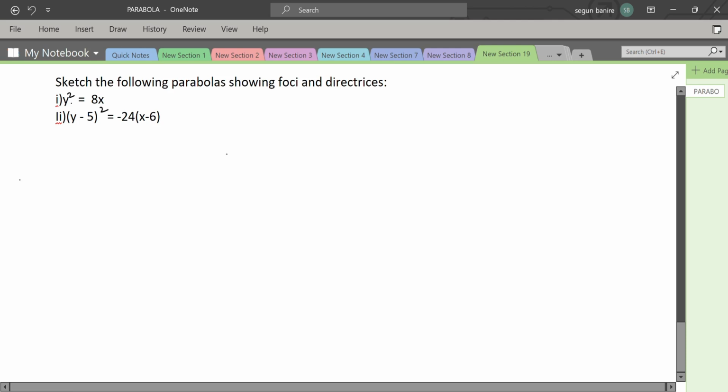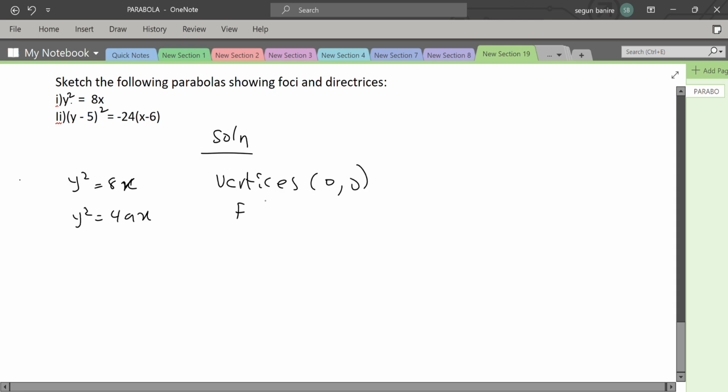All right, so let's look at the following examples on parabolas. The first question says sketch the following parabolas showing the foci and the directrix. So to draw your parabola, the first one is y squared equals 8x. The vertex is at the origin because it clearly looks like y squared equals 4ax.